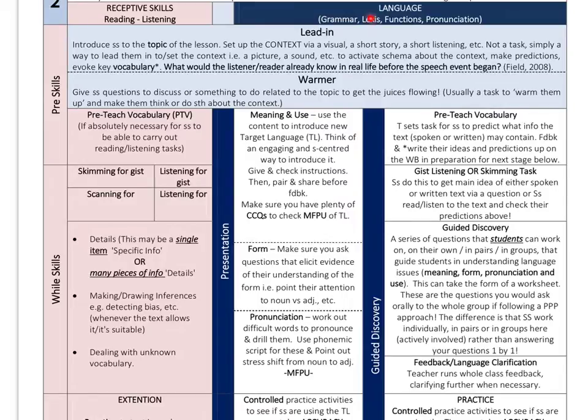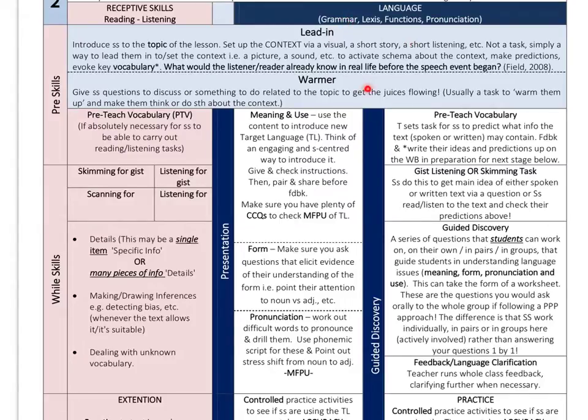For example, you're teaching vocabulary related to food or vegetables or sports or functions, asking for advice, asking for permission, making polite requests, etc. Or pronunciation, connected speech, or different specific sounds, etc. So each language lesson would have one of these as the main focus.